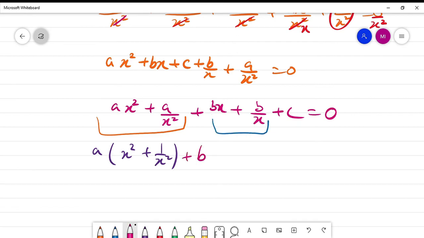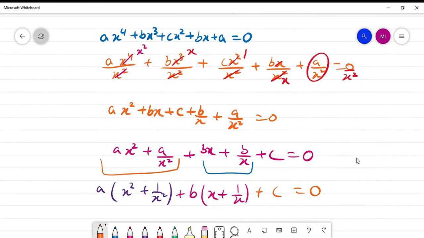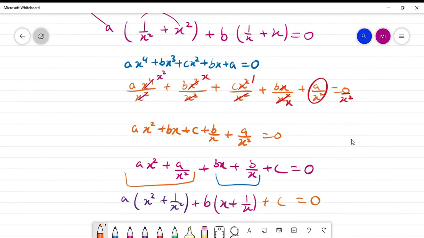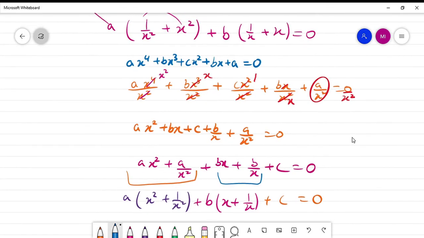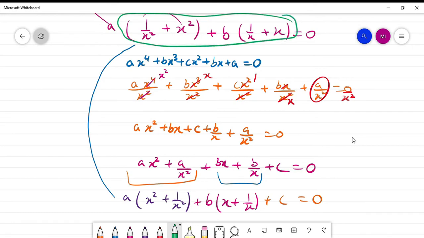We get plus b into x plus 1 over x plus c is equal to 0. So now we have the same equation we had back up here. It's pretty much the same, just we have a constant, and the constant doesn't make a difference. That doesn't make it not reciprocal, because the whole thing is just about the terms x squared plus 1 over x squared and x plus 1 over x. These terms are all that matters.